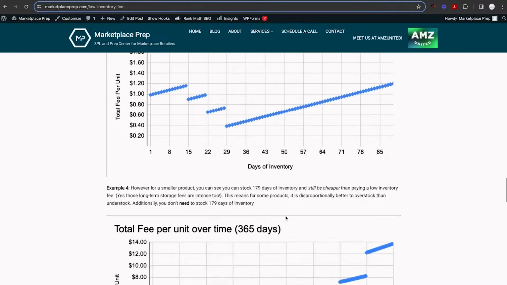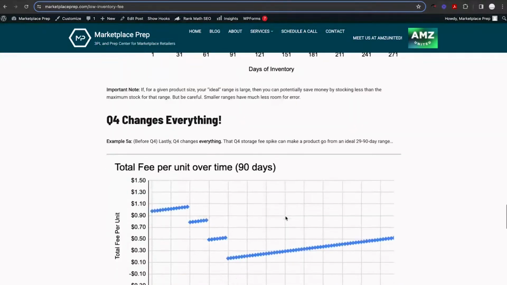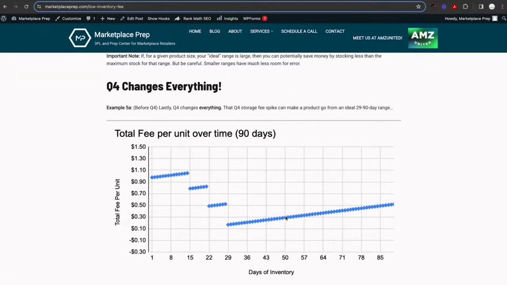Now, Q4. We all love how Q4 is always a mountain of curveballs. This is a normal chart for a smaller product. And this one, we can stock quite a bit of stock, about 90 days worth of stock, and it be just perfectly fine. It's cheaper to stock 87 days than it is 28 days.